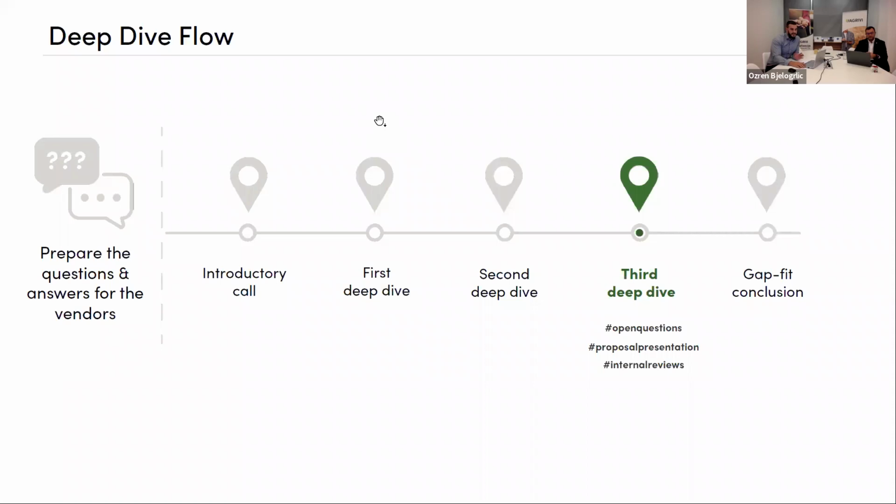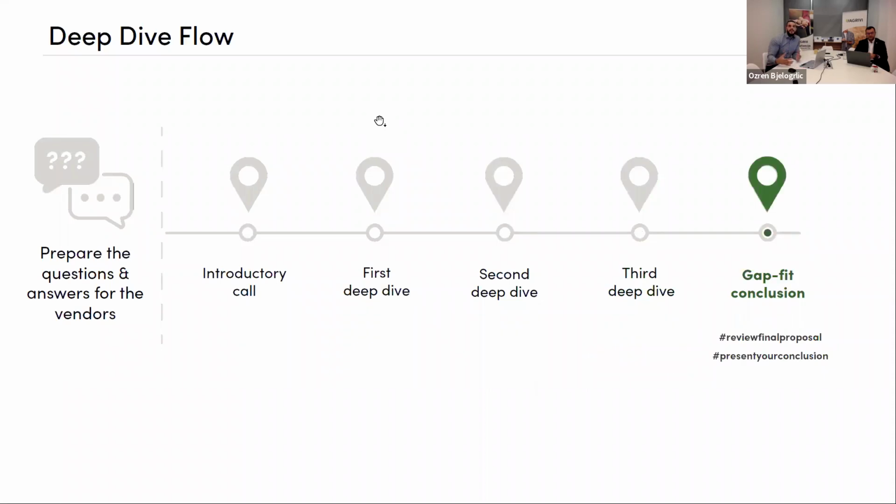Now, the last step will be the gap fit conclusion, and the gap fit conclusion usually comes after your comments on a proposal. You might ask for additional discounts. You might ask to tweak certain commercial parameters, decrease the land size that you might cover in your operations, or increase the number of users, whatever the vendor has a preference to create a price for, or integrations with different systems, implementation amongst different countries and rollout, especially if it's in phases.